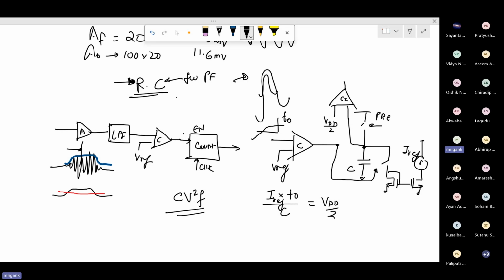So if you make these amplifiers very low power, working with very small bias current, we at least don't have this continuous CV square F component coming because of the counter. So again, we need to see whether mitigating this CV square F power coming from the counter and the other digital blocks is helping us in saving some power. And this kind of thing can be true for low frequency signals, like in this application, it's a low frequency signal.